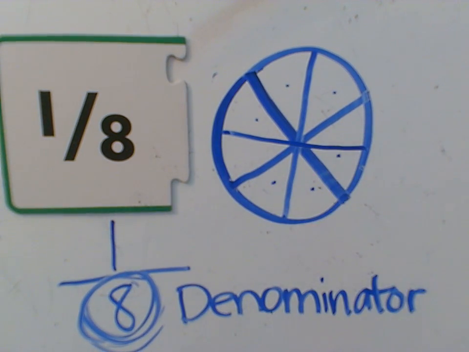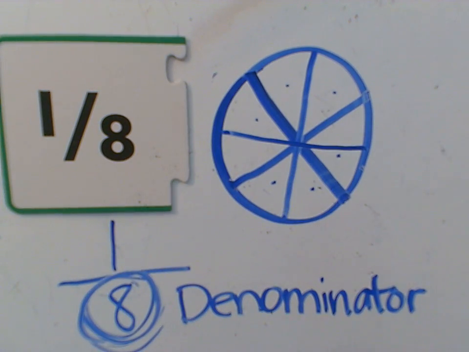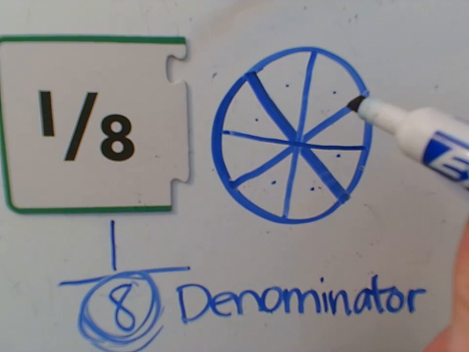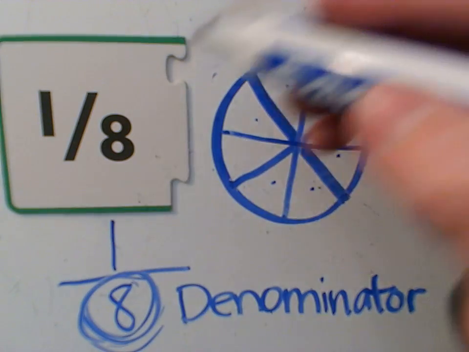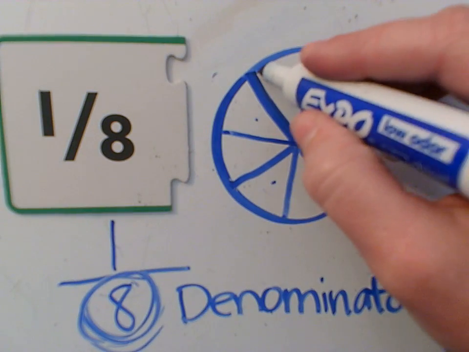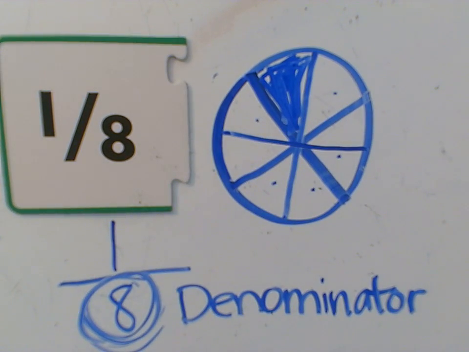How many do we need to shade in to show that we have 1/8 of our circle shaded in? Right, 1 piece. So I'm just going to shade in 1 part of our circle of equal parts to show that we have 1 out of 8. 1 piece is shaded out of 8 total.